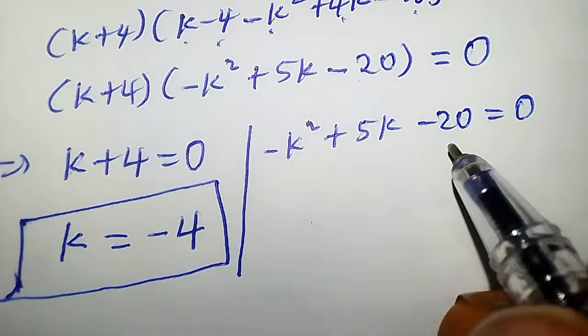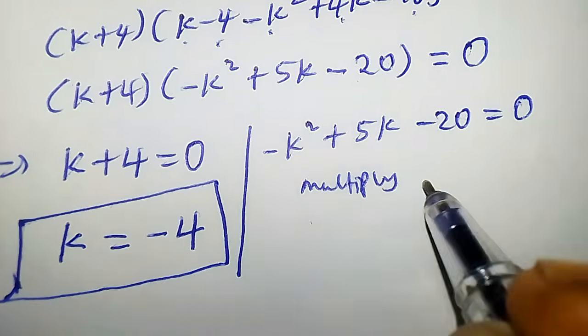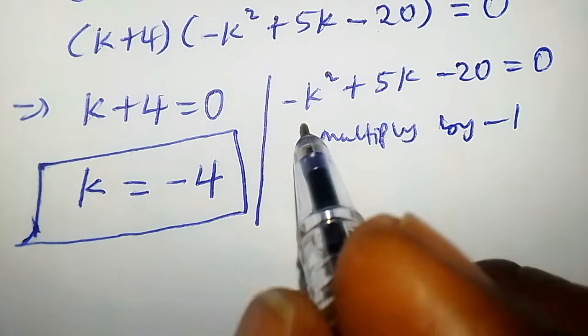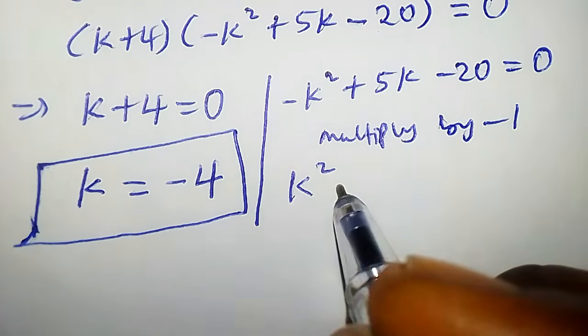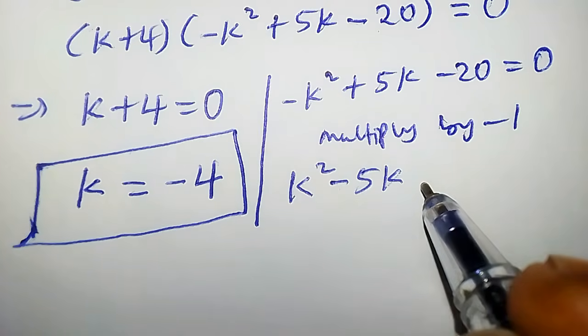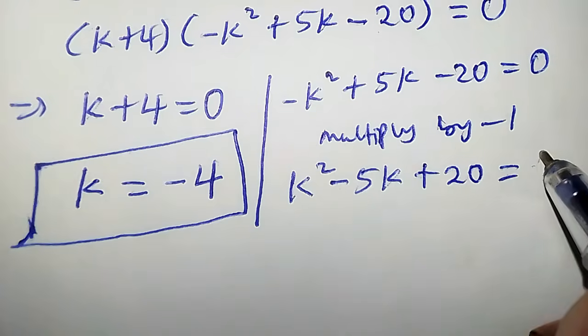Now, let's multiply both sides by minus 1. Multiply by minus 1. So that gives minus times minus k square, that is k square, minus times 5k, we have minus 5k, minus times minus 20, that is plus 20, equal to minus times 0, 0.